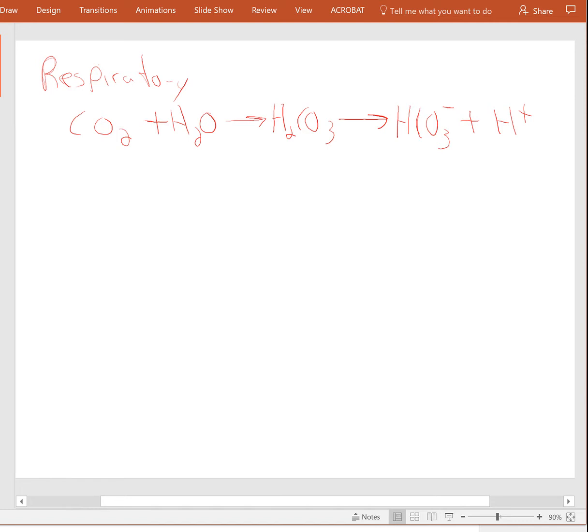Okay, so then what we're going to do, and this is an equilibrium, is go ahead and simplify this. Essentially we're going to get rid of all this in here.